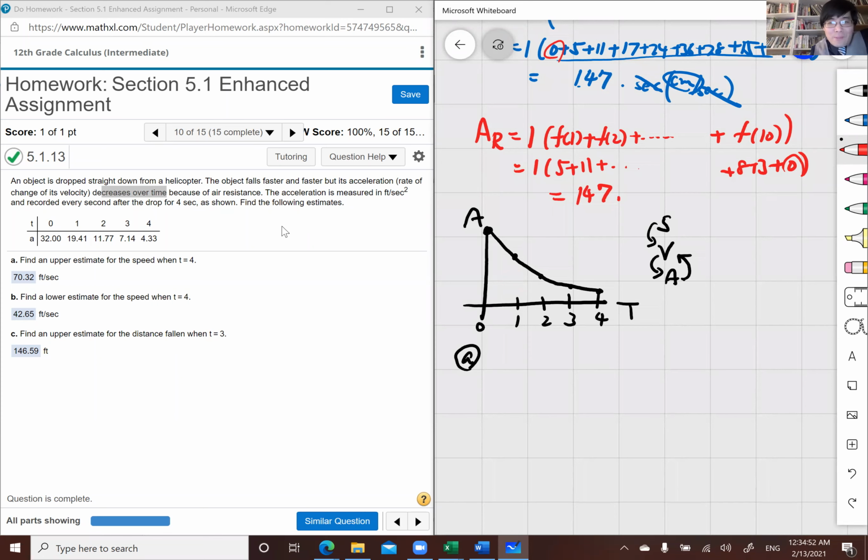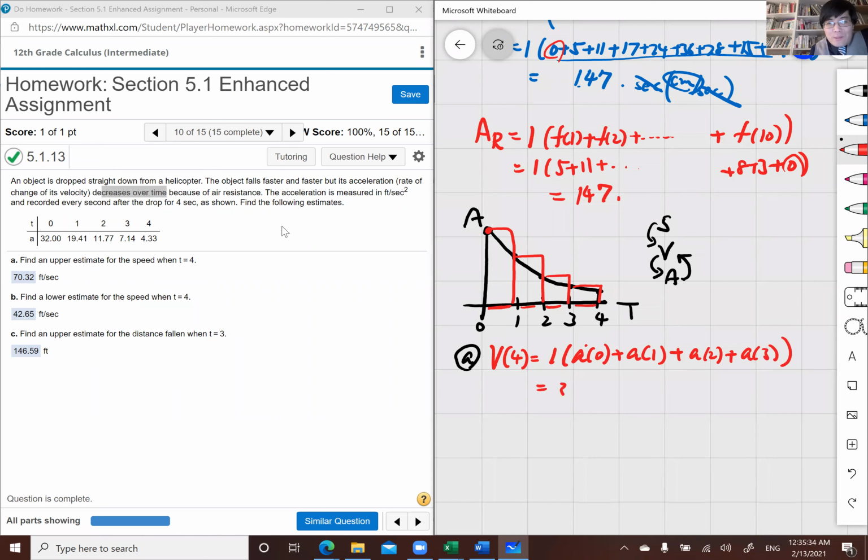So using the upper estimate, I have to use the biggest point in each of the 4 intervals. So it's going to be this plus this plus this plus this, and the length is 1 here. So the velocity at time 4 will be, with each rectangle having a horizontal length of 1 second, and the height being the acceleration at time 0 plus acceleration at time 1, acceleration at time 2, and finally acceleration at time 3.